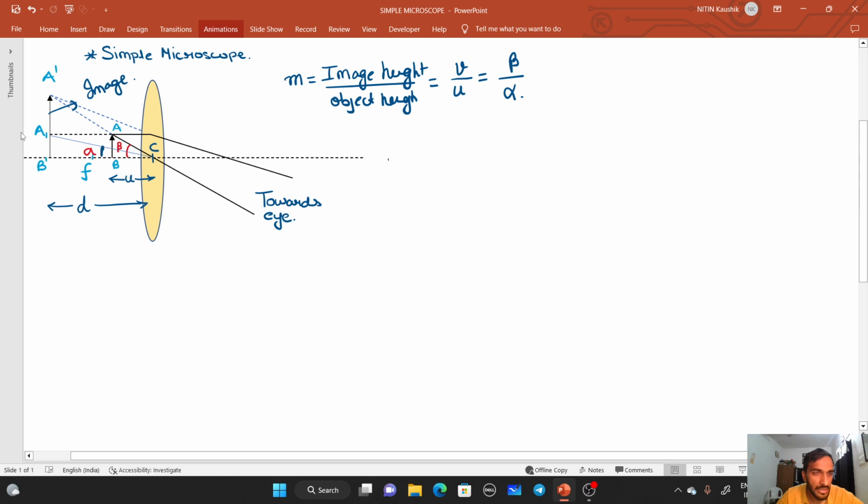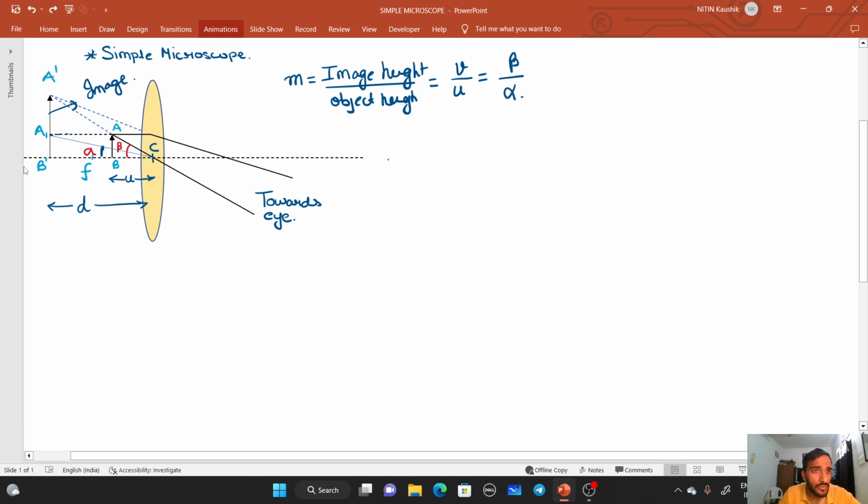I have extended this horizontal line towards point A1 so that I can find the angle subtended by the object at the center, or the value of alpha, when I extend AB to the left hand side to find the actual angle subtended by the object, right?